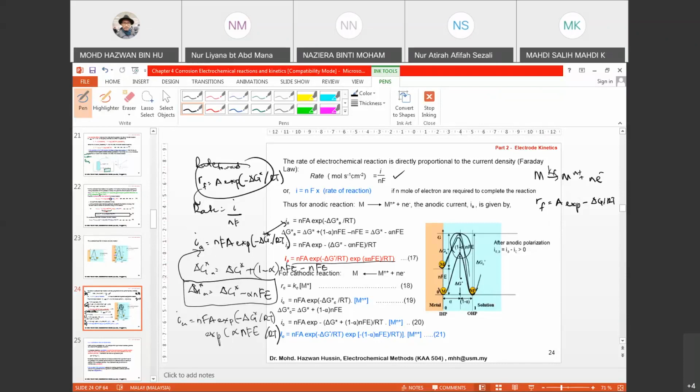Then the initial at equilibrium is actually equal to G. The one that I circled over here is at equilibrium, and this is also at equilibrium. This is basically the change.